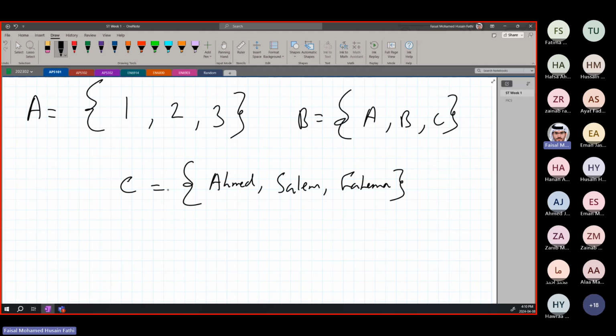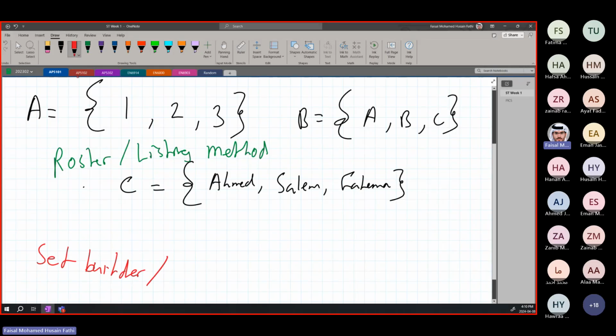There is another way, all right, which is called using the set builder. So this is the roster or listing method, by building a roster or listing them one by one. The other way is by set builder or rule method.